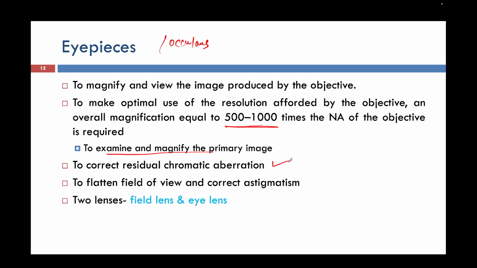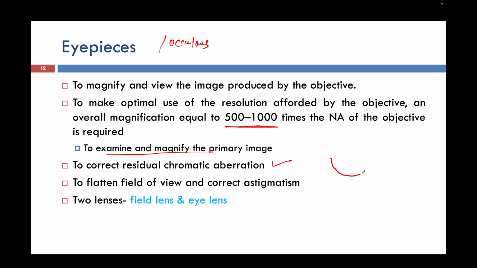You will see later why it cannot be removed. Only 3 microscopes in the entire world have completely removed chromatic aberration. So chromatic aberration is a little bit difficult to remove, both in light optics as well as in electron optics.